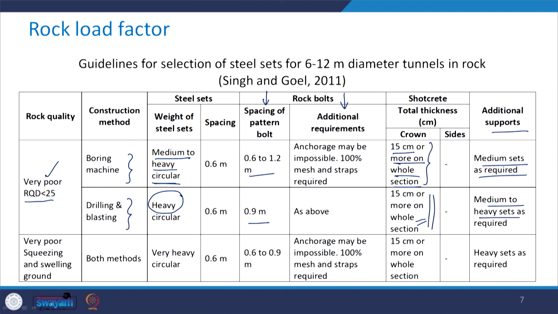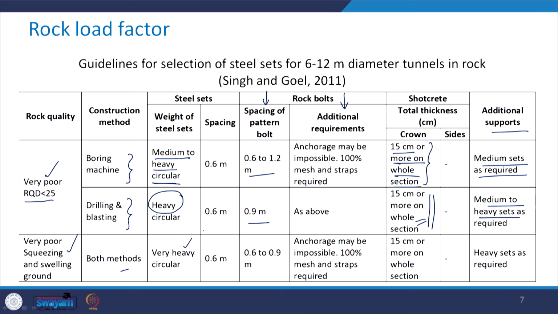Now, in case you have very poor squeezing or swelling ground condition, for both the methods, whether you go for the tunnel boring machine or the drilling and blasting method, you will need very heavy weight of these steel sets, and the circular steel sets are needed. The spacing to be provided is 0.6 meters, and in case of the rock bolts it is 0.6 to 0.9 meter.